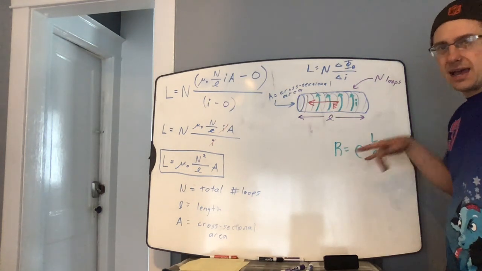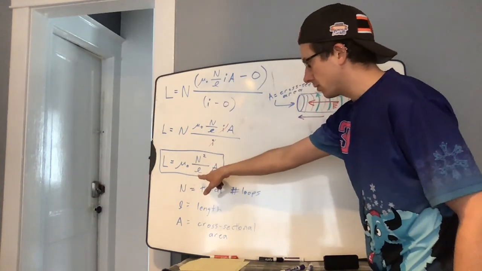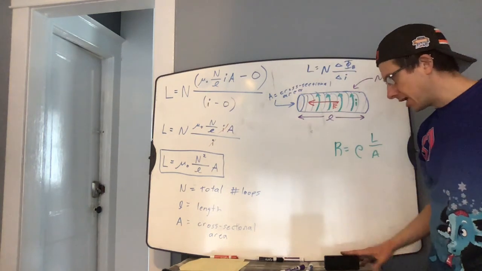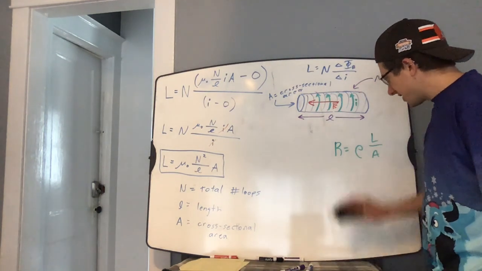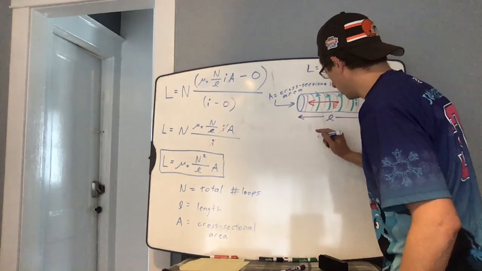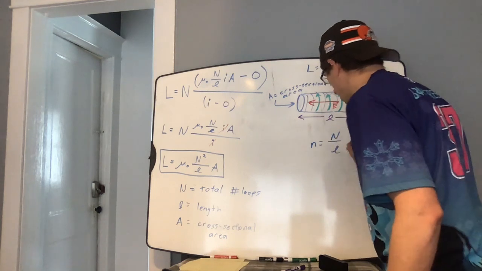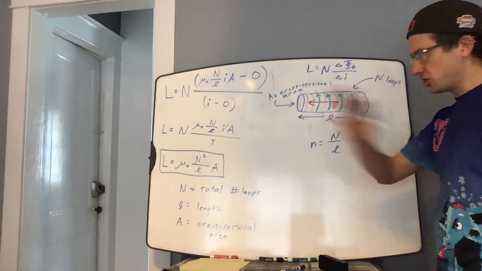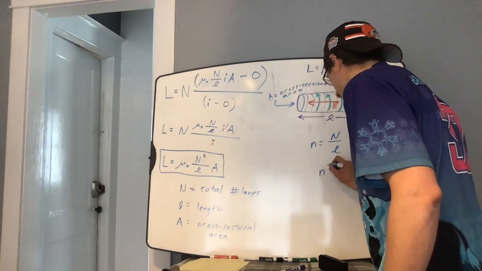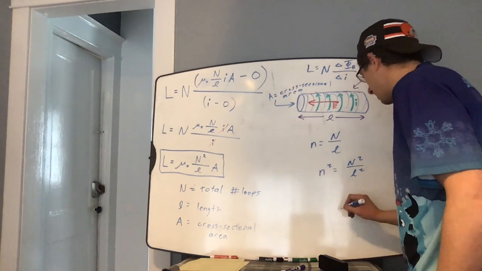The inductance of an inductor, when we're talking about a solenoid, is given by that equation. The last thing I'll say is sometimes, like we said before, little n is equal to big N over L. So I could just make a substitution that implies n squared is equal to big N squared over L squared.